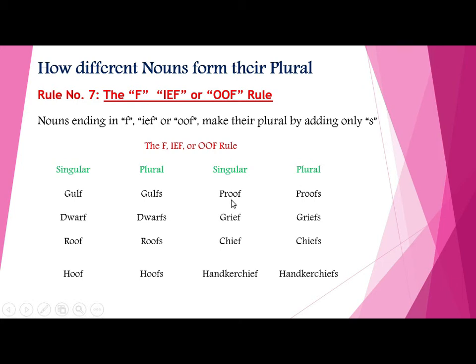And here double OF is there, here IEF is there, in this example IEF is there. So these types of singular nouns can be made plural by adding S. This is rule number 7.